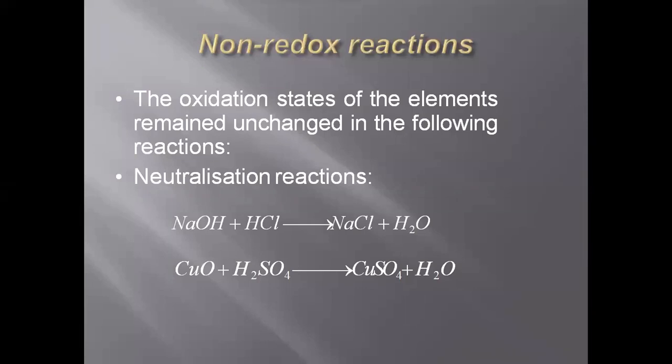I think you have learned about neutralization reactions in 10th class also. When you react an acid and a base, that reaction is known as neutralization, which produces salt and water. This is the best example: when an acid reacts with a base, it produces salt and water. Clear? So in a neutralization reaction, the oxidation state will be the same.